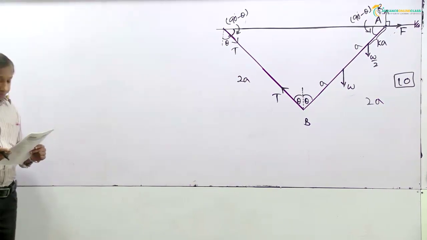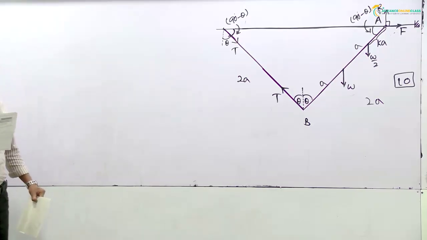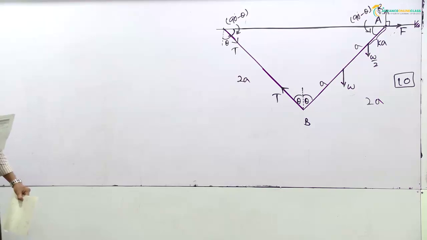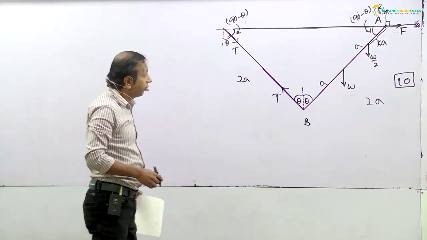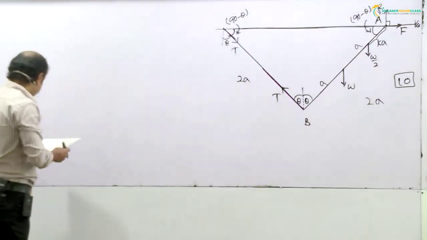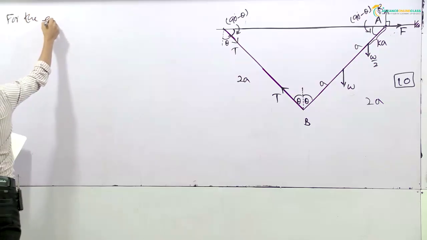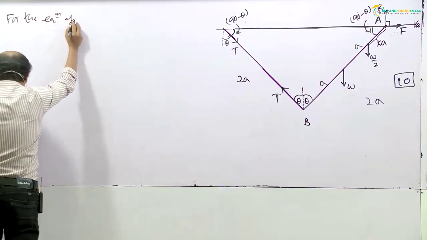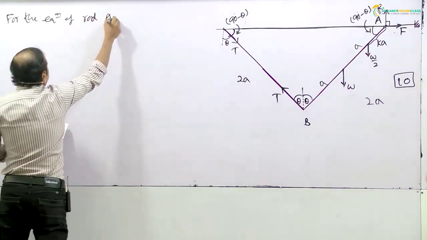What is it asking? The first part asks to find the tension in the string. We take moments around A for the equilibrium of rod AB.